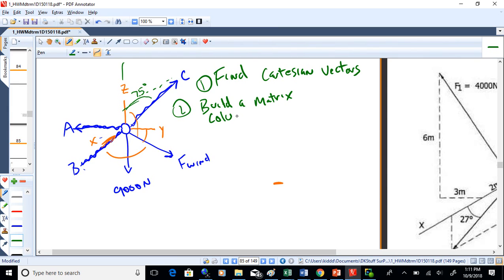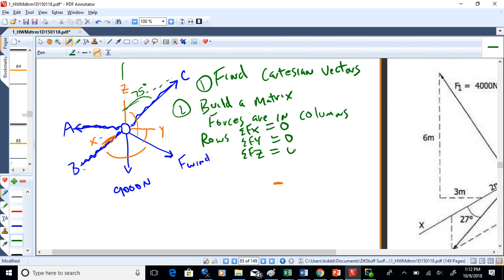The forces are in columns, and then the rows will be X, Y, and Z. And really what these are is sum of forces, and their sums are zero. Then solve the matrix.